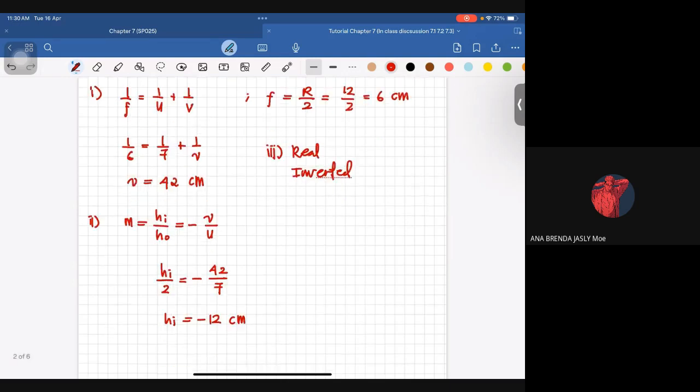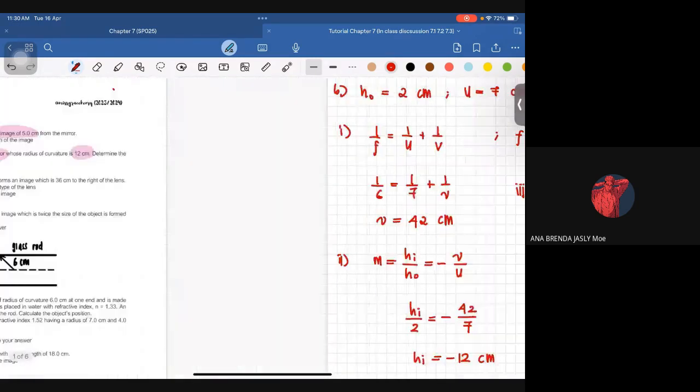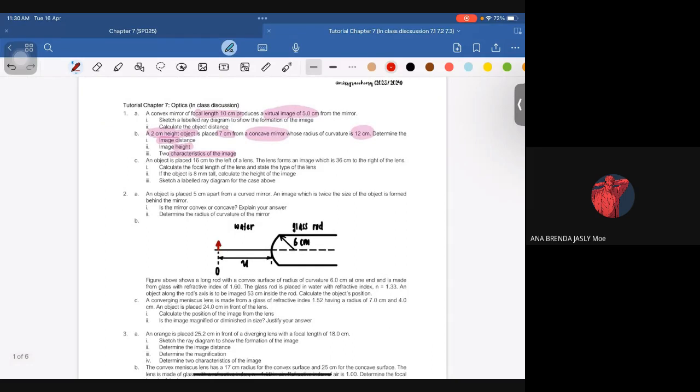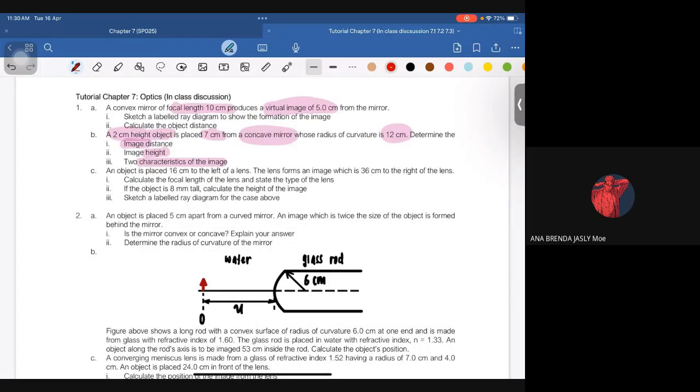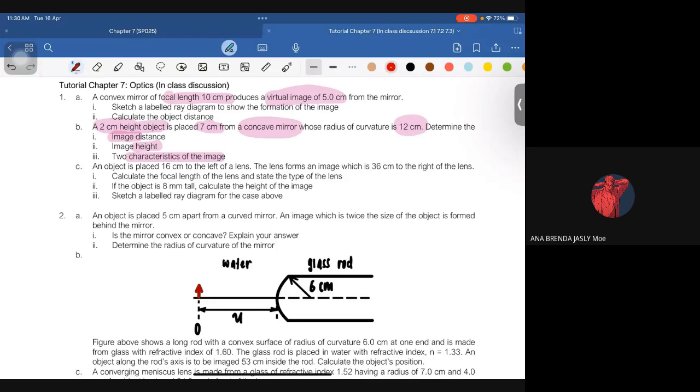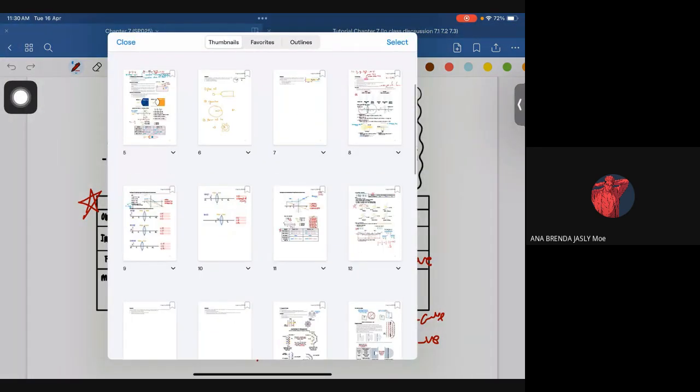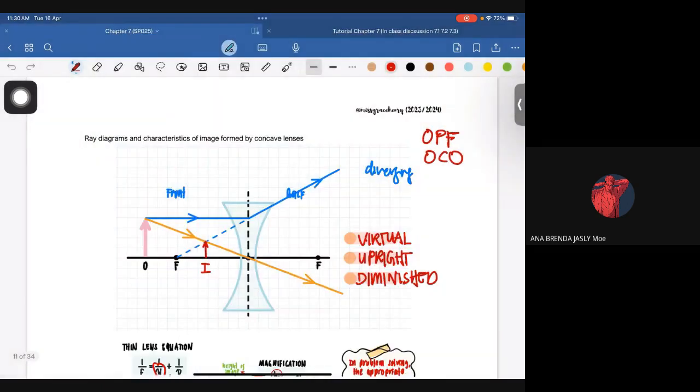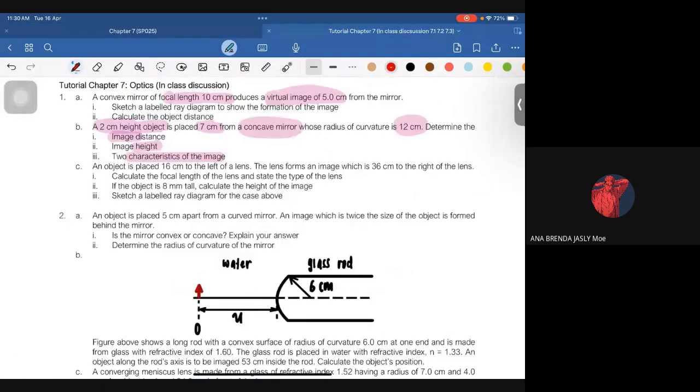Okay. Next one. Question C. So we have an object. So this is on lenses. Okay, so lenses lah. Got table for lens. Okay, so dimension sini, object is placed 16 centimeter to the left of a lens.